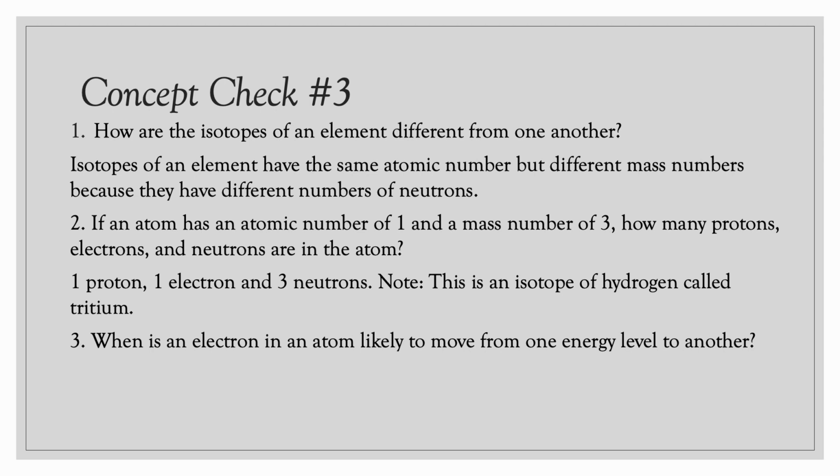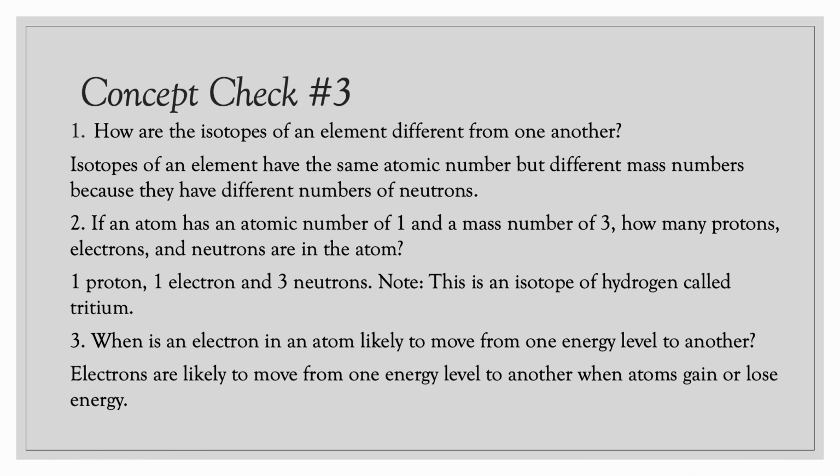Note, this is an isotope of hydrogen called tritium. Question 3: When is an electron in an atom more likely to move from one energy level to another? Electrons are more likely to move from one energy level to another when atoms gain or lose energy.